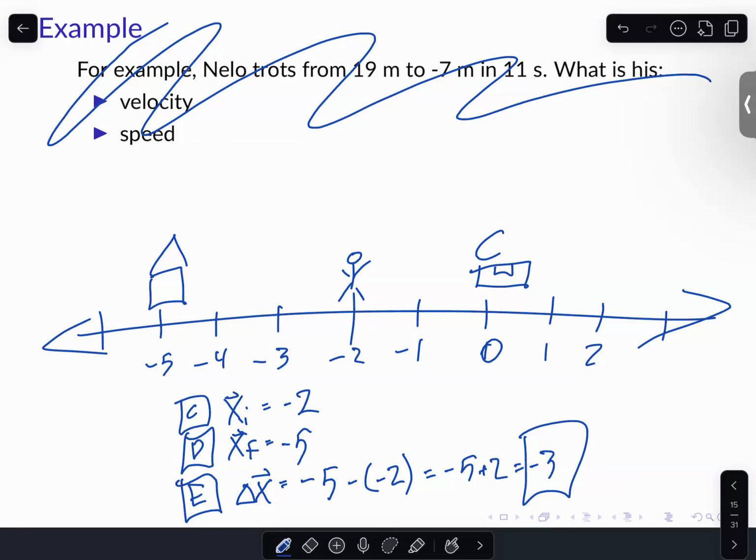Okie dokie, time's up. What are you confused about? Where are you stuck? What's hard? Questions, follow-ups on this. Nobody? Okay.